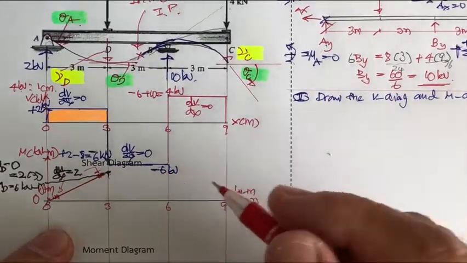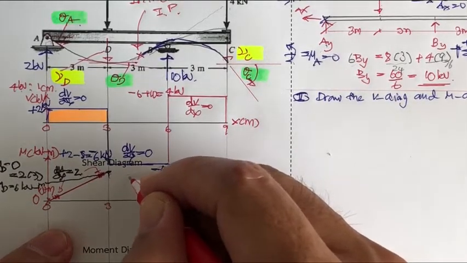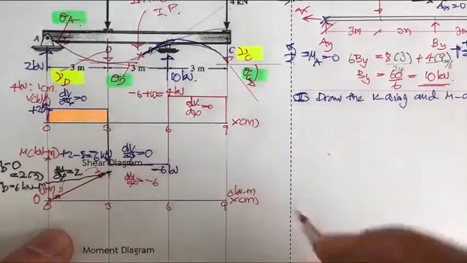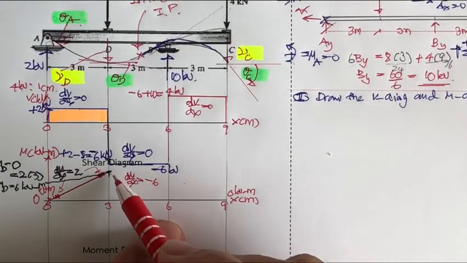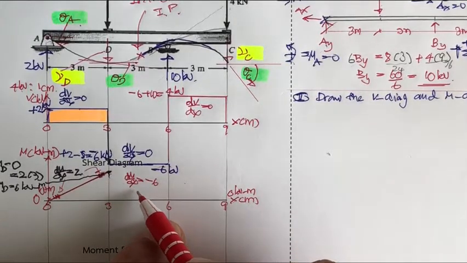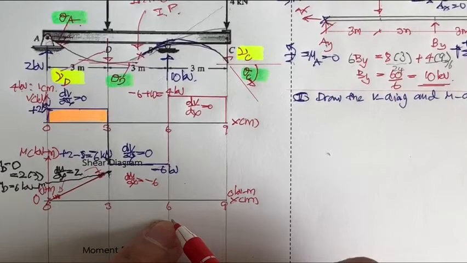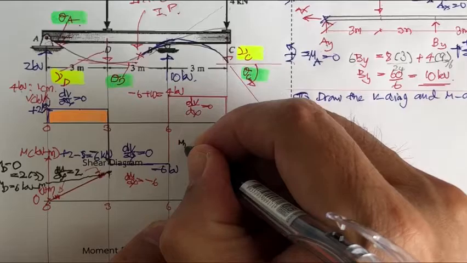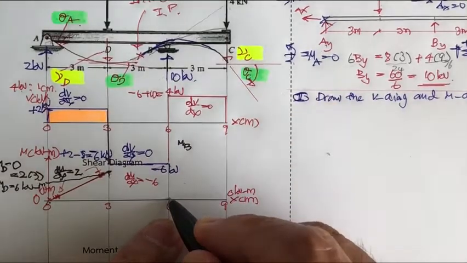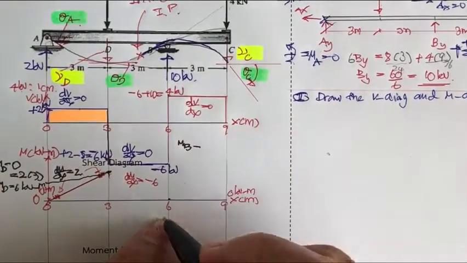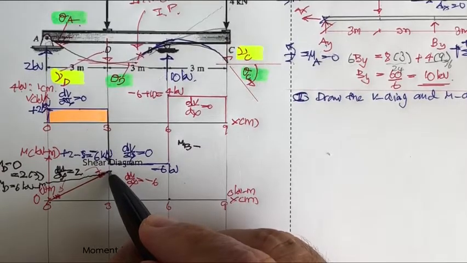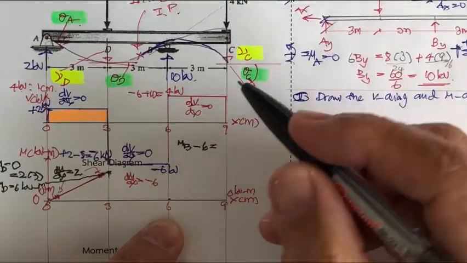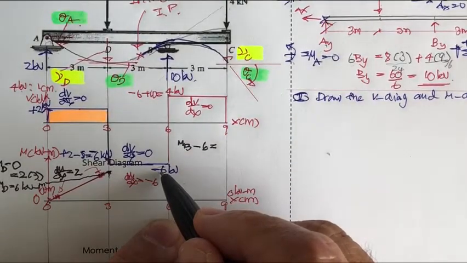So the second portion we have dM by dx equal to minus 6. That means your value of the moment is going to get lower and lower until you arrive at B. So what you have is M sub B, B is here, minus M sub D. Minus here is minus 6, and it's equal to minus 6 times 3.